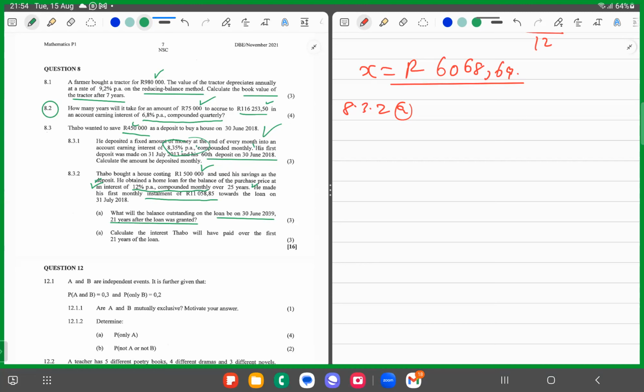So now we want to find the balance outstanding on the loan. There are a couple of ways to find it. The easiest one is to use the present value formula, where present value is given by x times 1 minus (1 plus i) to the minus n, all divided by i.